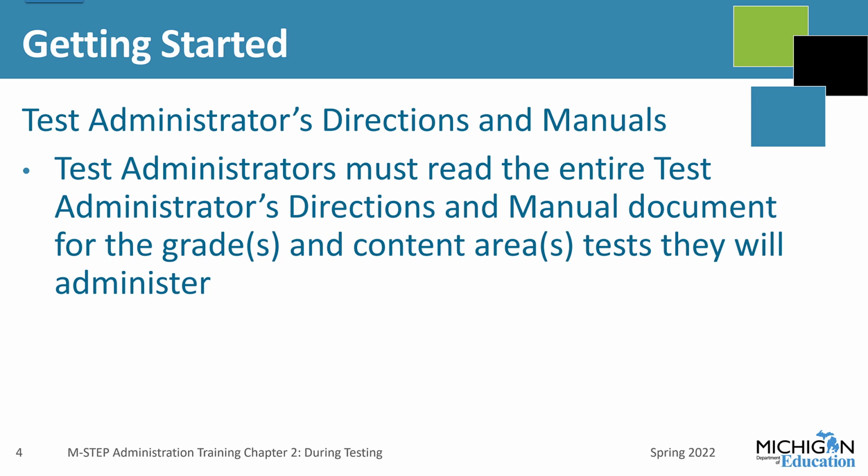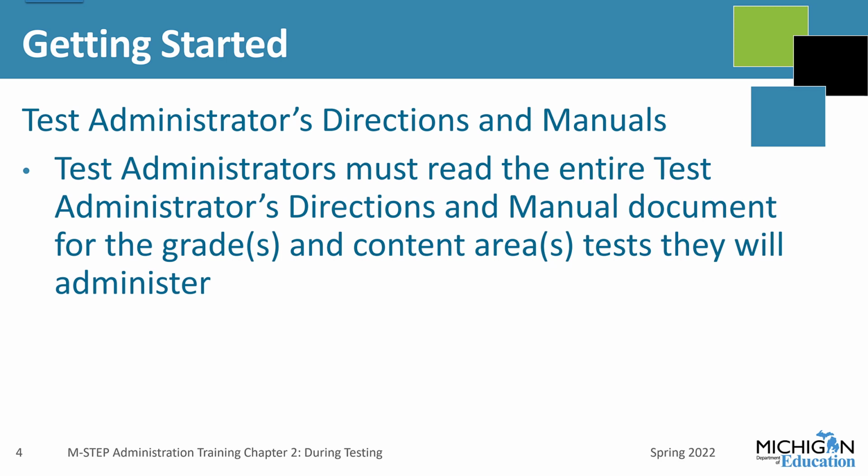The test administrators' directions and manuals have all of the test administration policy information that test administrators need to know. They have the calculator and scratch paper policies, information about supports and accommodations, handling of secure materials, and information about incident reporting.